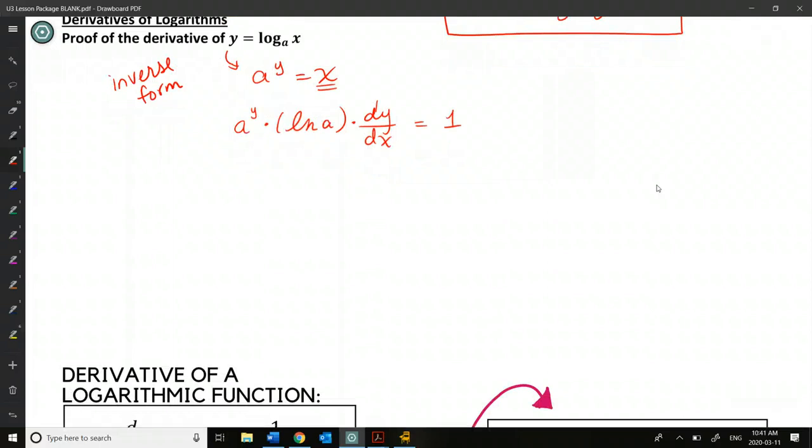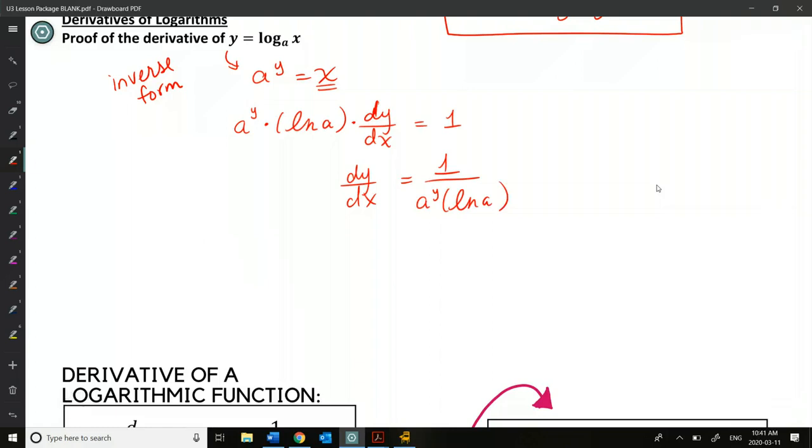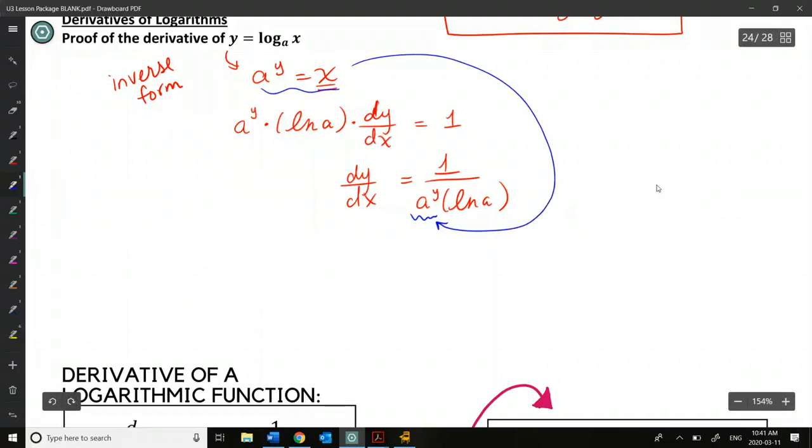Okay, so your goal here is to isolate dy over dx. So we're going to divide this out. And what do we know about a to the exponent y? Look through the steps here. It equals x.